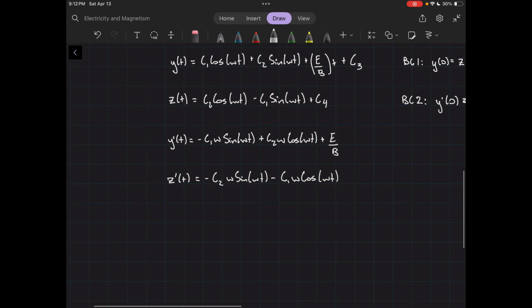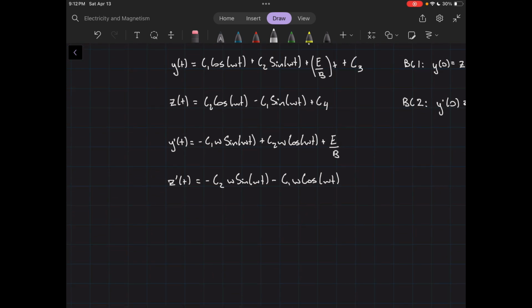Okay, so when we plug in the boundary conditions, you're essentially just going to be plugging in zeros. Just for ease, I'm not going to write out sine of 0, cosine of 0. Those are just going to be 1s and 0s.